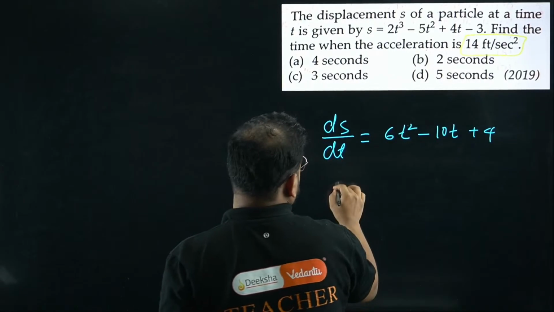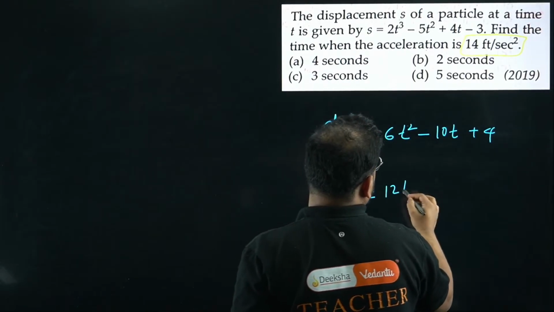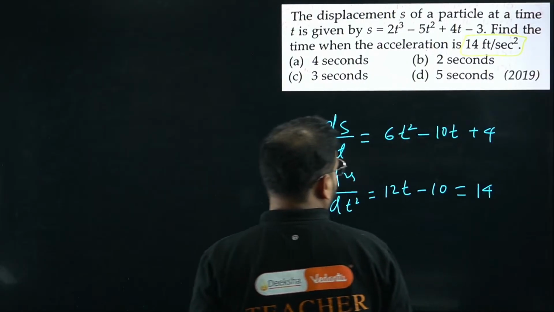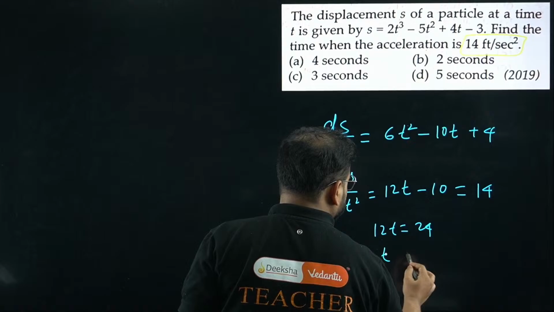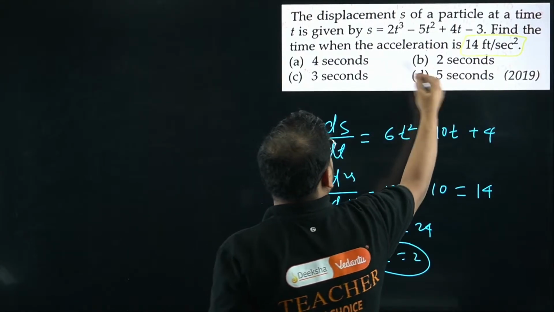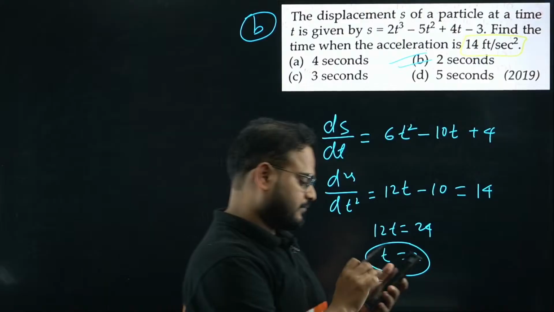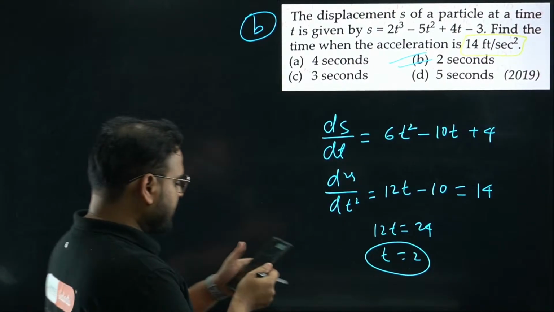Second derivative, please check. We'll have 12t minus 10, which equals 14. So I get 12t equals 24, so t equals 2 is the correct answer. B is correct. Shagufta, yes, you are right. Yes, Anaga, B is correct.